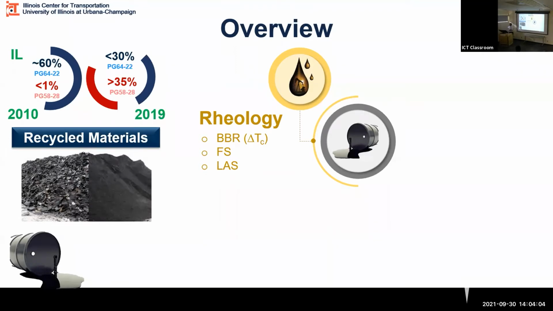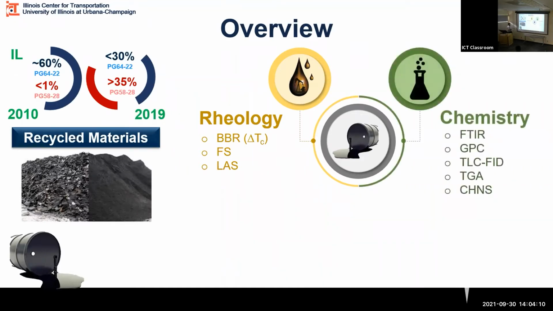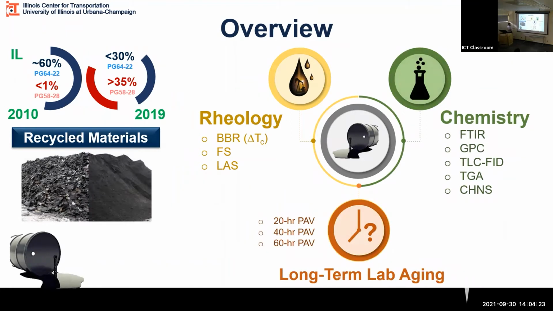The idea was to look into the rheology, both at small and large strain conditions, looking at a battery of chemical characterization techniques to assess the changes in chemistry happening with these modified binders so that we can relate them to their long-term impacts.